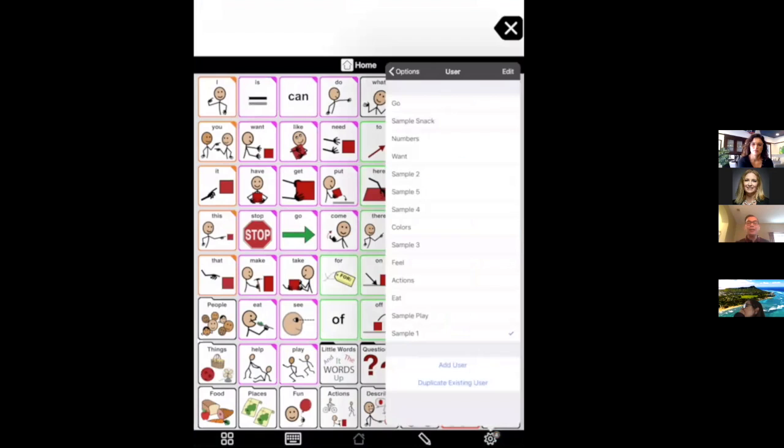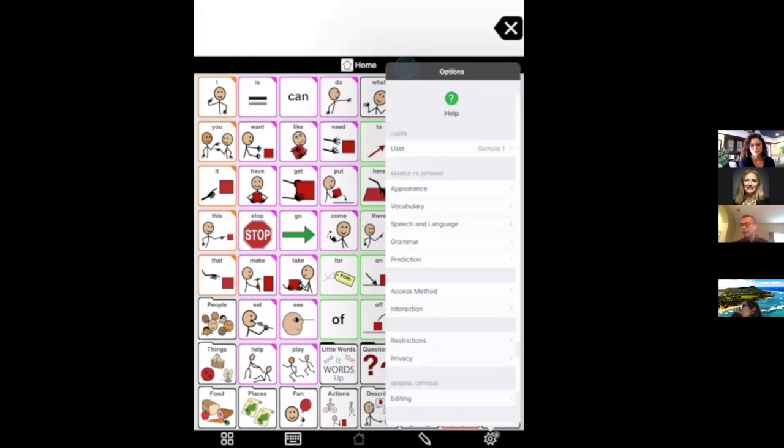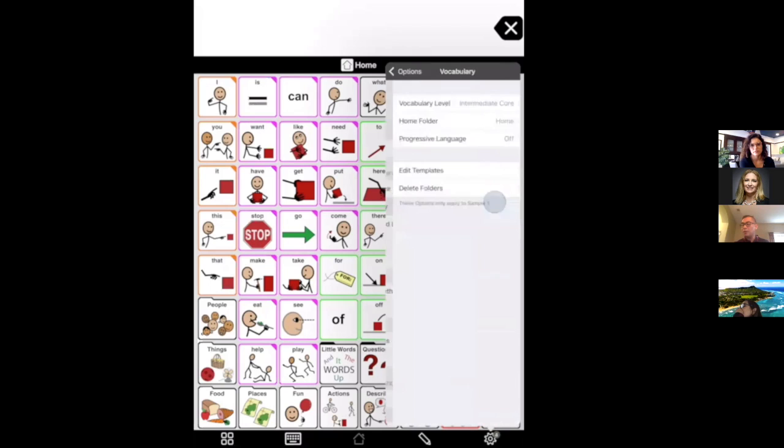I know I'm going a little bit fast, but I am also sending some cheat sheets for ProLoco. These include how to delete, how to add, and how to hide these things. So with this one, I'll go to vocabulary.